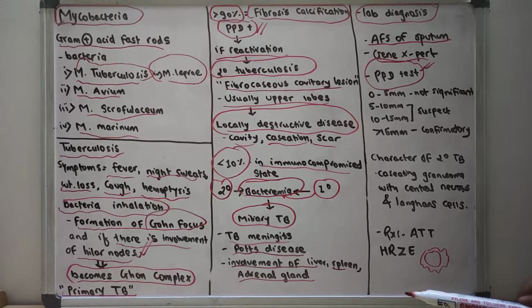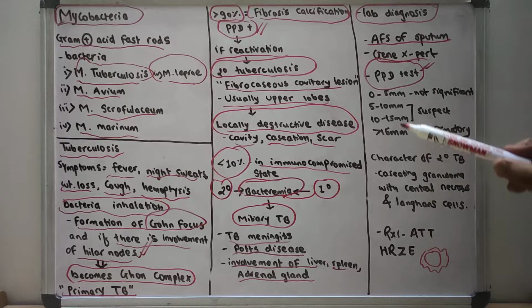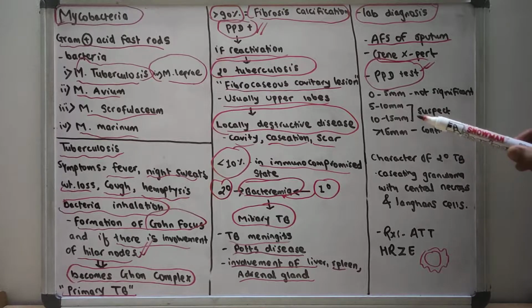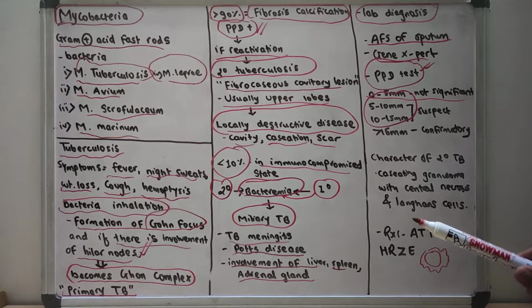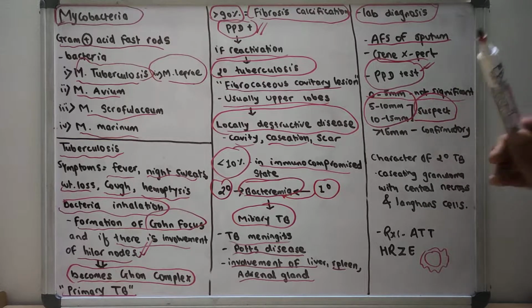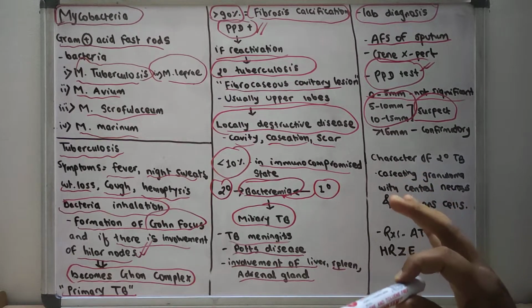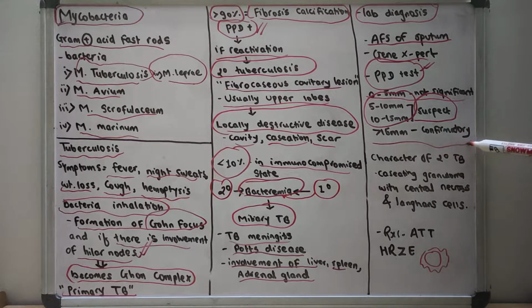And if the induration is 0 to 5 mm, then it is not significant, and if the induration is 5 to 15 mm, then there is suspicion of tuberculosis, and if the induration is more than 15 mm, then it gives the confirmatory result.